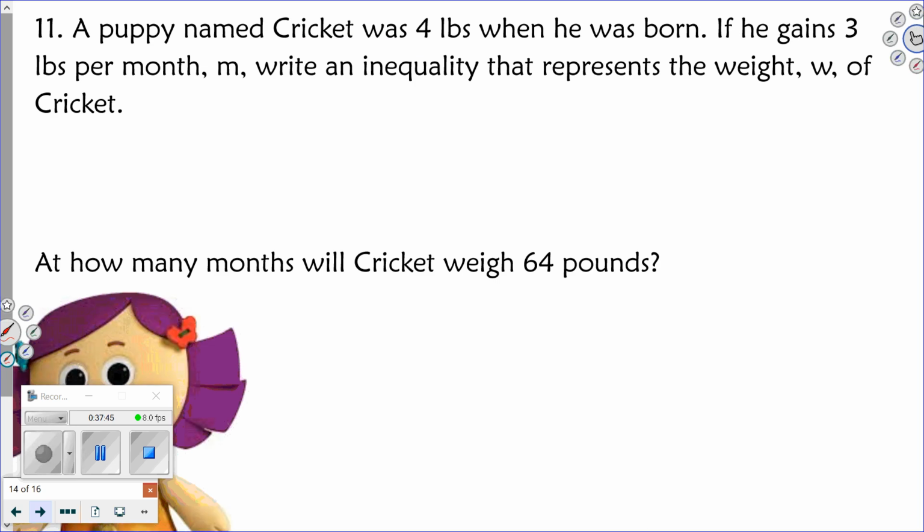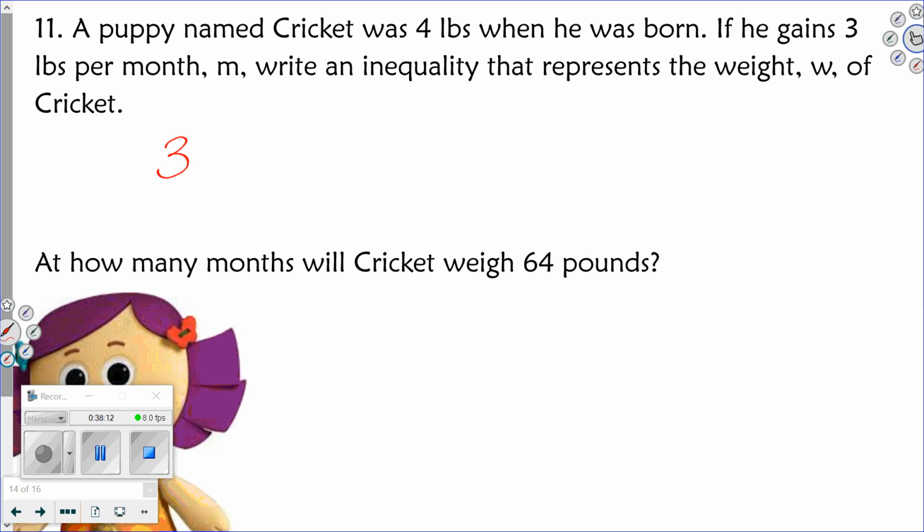All right, number 11. A puppy named Cricket was 4 pounds when he was born. If he gains 3 pounds per month, M, write an inequality that represents the weight W of Cricket. 4 times 3. Base of 4, then 3.